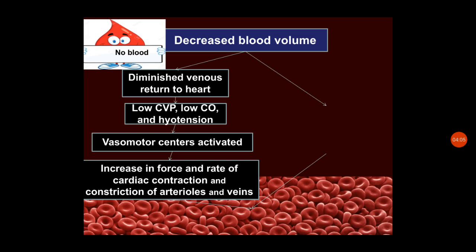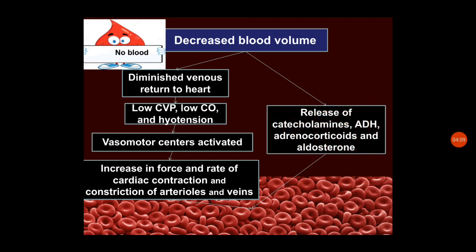On the other hand, decreased blood volume will cause release of catecholamines, antidiuretic hormone, adrenocorticoids, and aldosterone. So there are two-sided effects on our body: on one side vasomotor center activation, and on the other side, because of the blood volume decrease, release of catecholamines, ADH, adrenocorticoids, and aldosterone.